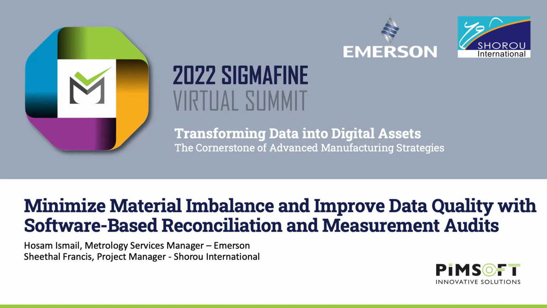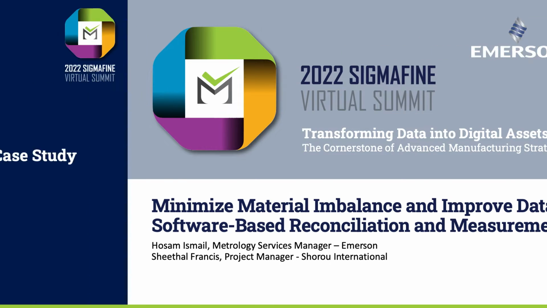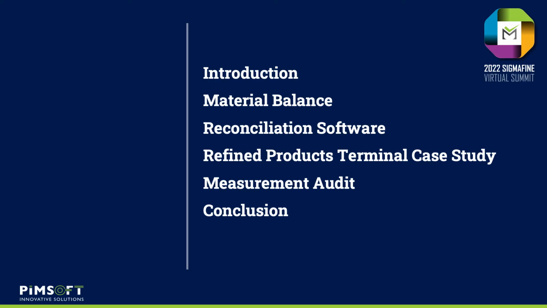Our topic is how to minimize material imbalance using Sigmafine's material balance and data reconciliation models. Let's take a quick look at the agenda for our presentation. We start with a brief introduction, followed by what is material balance.